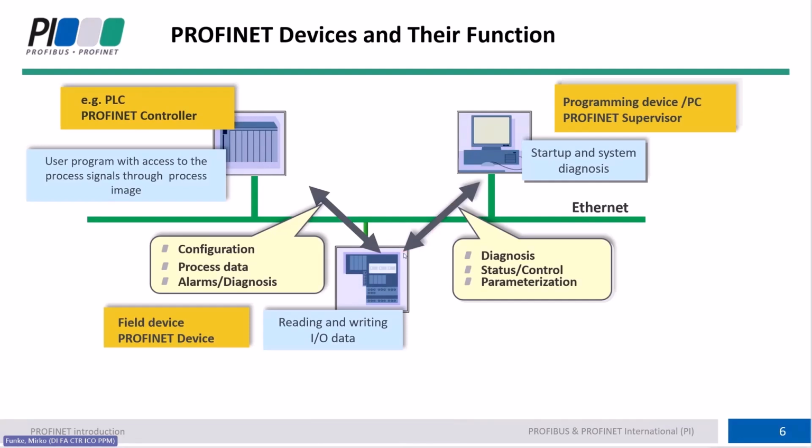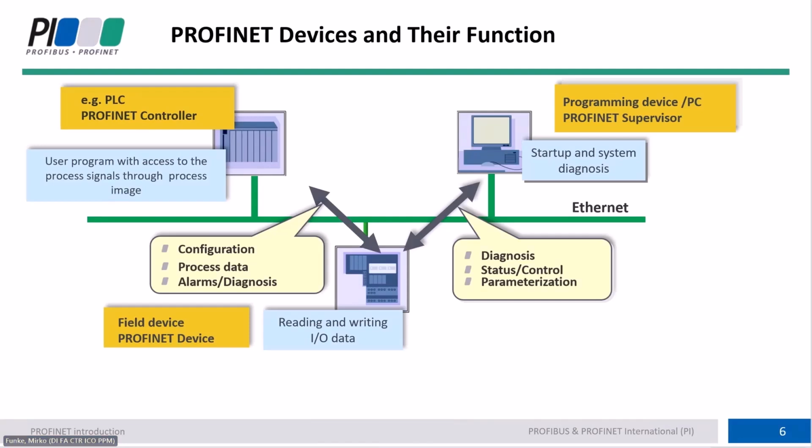It makes sense, for instance, if this would be a drive. Such a drive has about 20,000 parameters, and it doesn't make sense to configure each and every one of these parameters at startup by the controller. Normally you do this once, and you do the commissioning of the machine, then all of these parameters will be set, but they are machine or even drive dependent, and that's why you do this once, and then normally it's inside of the drive, and then you can forget it.